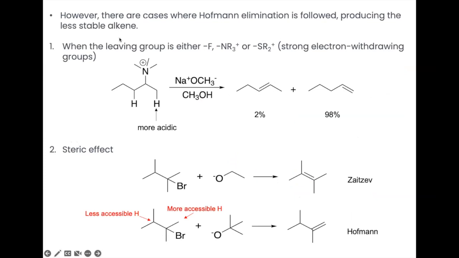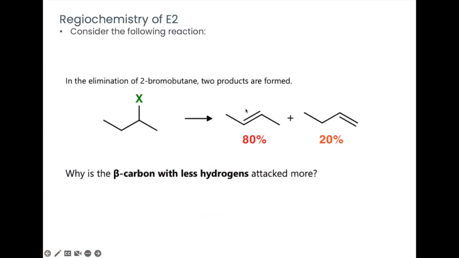So there are cases wherein it will follow what we call a Hofmann elimination. Okay? So there are two of them: Zaitsev elimination versus a Hofmann elimination. When we say Hofmann, that is the less stable alkene. So if we go back to this one, this is your Zaitsev.